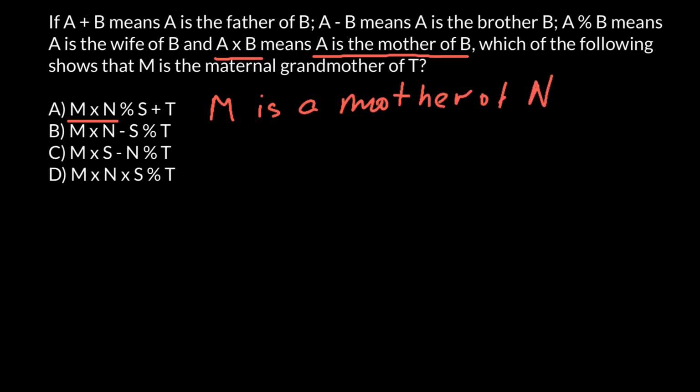Next we have the second statement, n percent s. A percent b means a is the wife of b, or first is the wife of the second. So n is the wife of s.